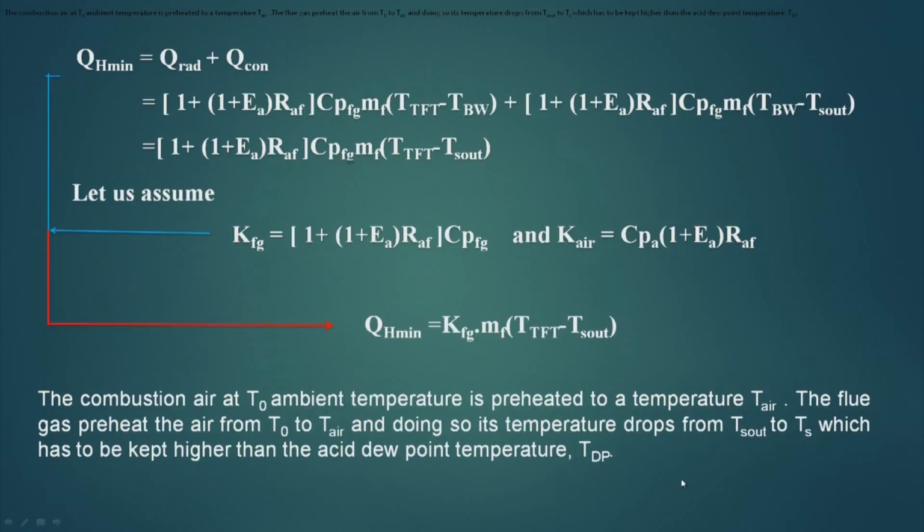Now, what does it mean? That if the flue gas is coming out at T S out and the T S out is a higher temperature than T D P, that is the acid dew point, I have already told that the flue gas temperature can be brought down up to T D P or a little bit more than the T D P, so that the acid vapors which are present in the flue gas do not condense.